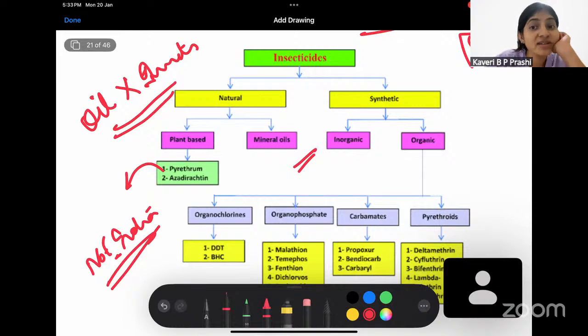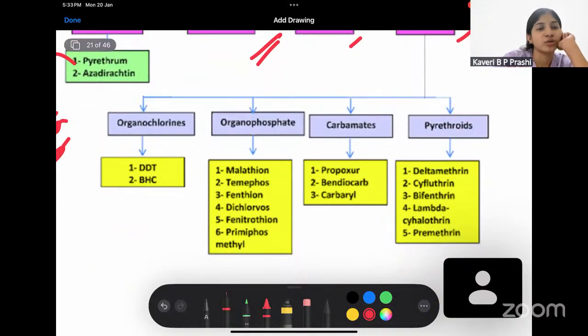Now coming to the synthetic insecticides, you have two types: inorganic and organic. Under organic, you have various types: organochlorines, organophosphates, carbamates, and pyrethroids. Under organochlorines, you have DDT and BHC.